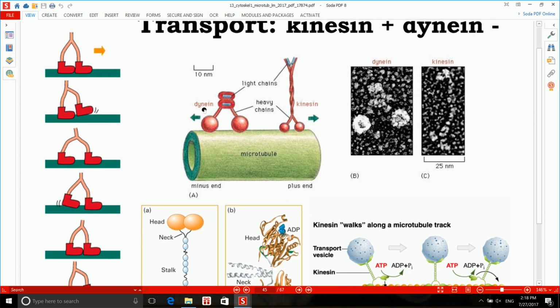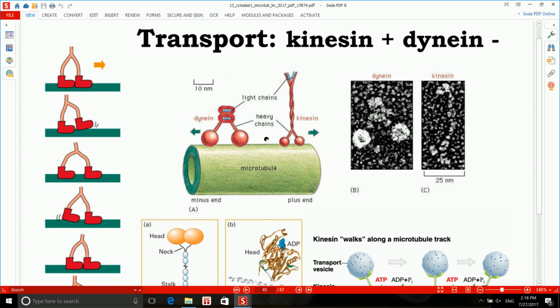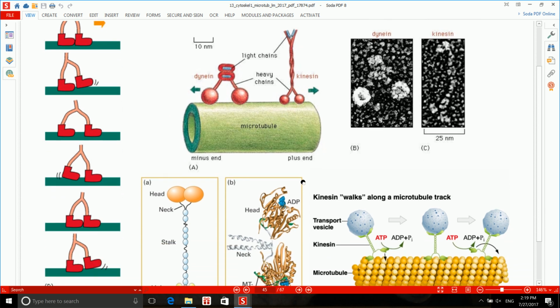And in case of microtubules, we are talking about dyneins and kinesins. They are very alike, dyneins and kinesins. Their structure differs a bit, as you can see, but the main difference is that they move in opposite directions on a microtubule.